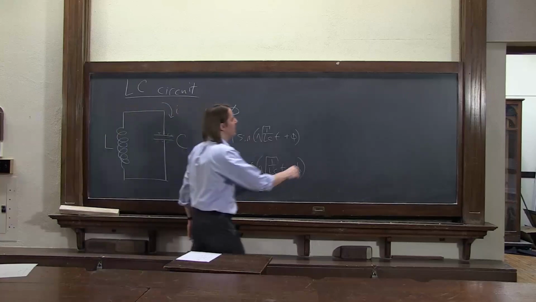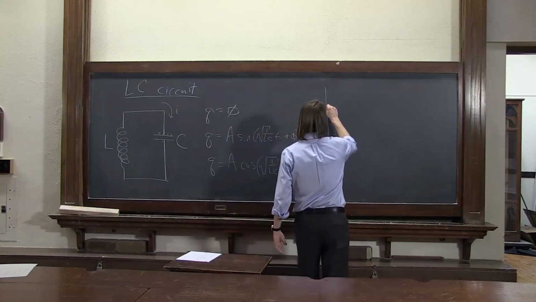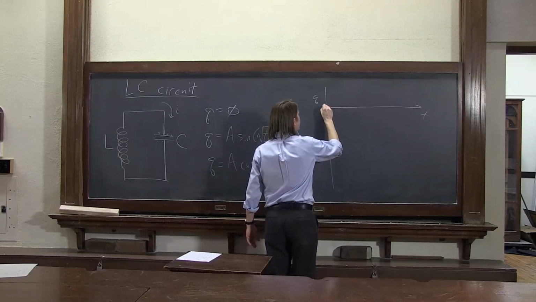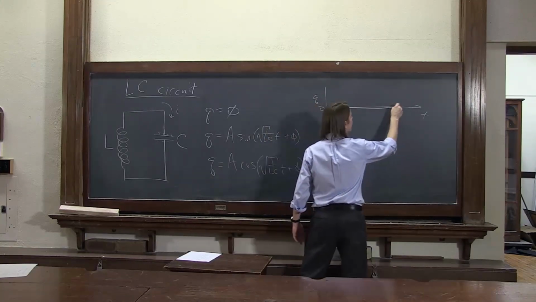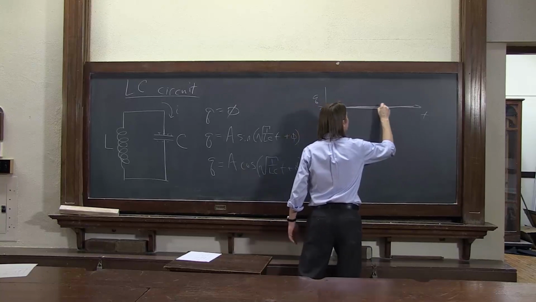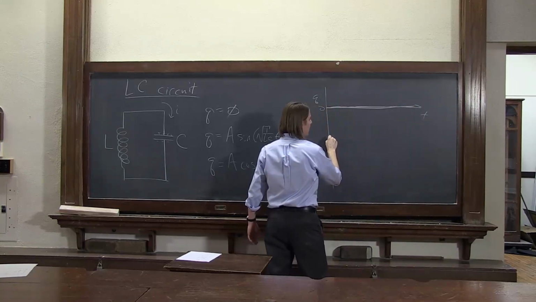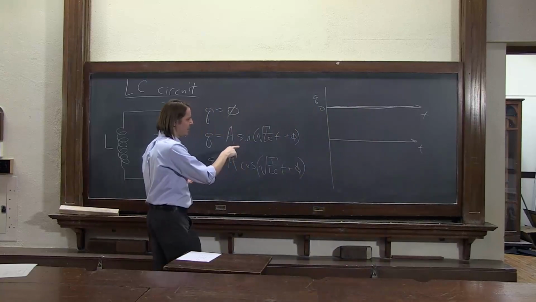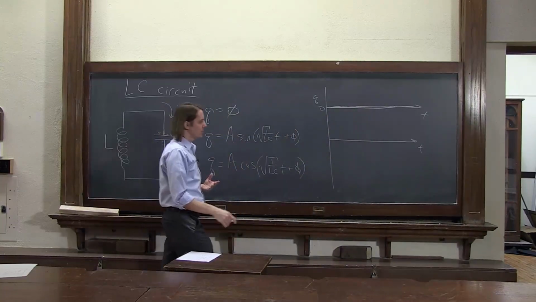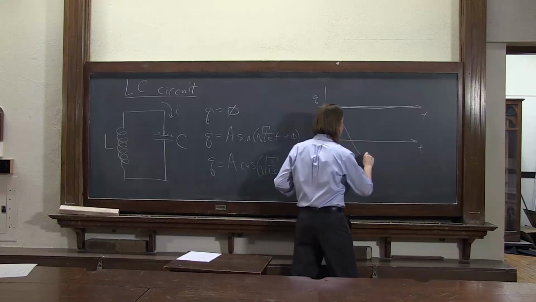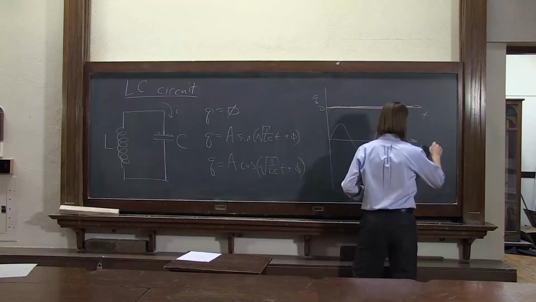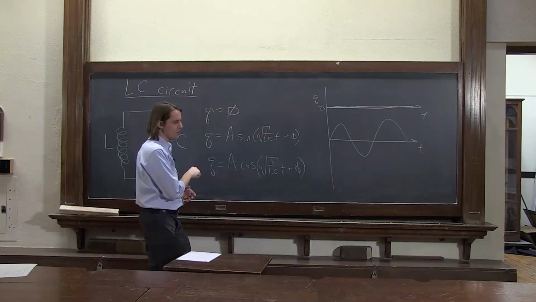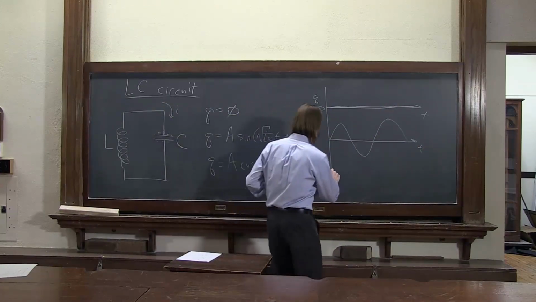So let's plot these and see what the deal is here. So versus time, Q, the first one is just 0. That's the trivial solution. Yes, the circuit can sit there and do nothing. Let's plot this one. So this one is sine. At time equals 0, sine is 0. So it's going to do something like this. And the next one is cosine. Cosine is maximum at time equals 0.